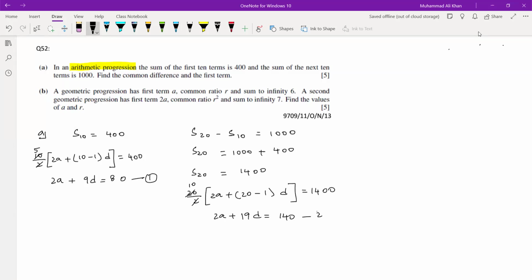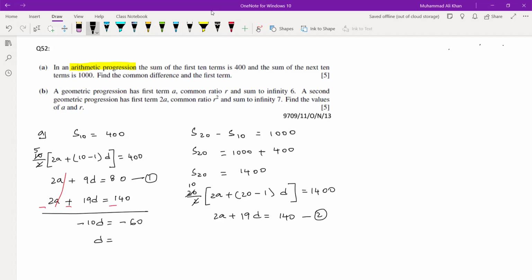Equation 2. दोनों इक्वेशन को साइमल्टेनियसली सॉल्व कर रहे हैं. मैं सेकेंड इक्वेशन को इसके नीचे लिख रहा हूं बच्चों. 2a plus 19d equals 140, and I am subtracting both equations. Subtract करने का मतलब क्या है? नीचे इक्वेशन के साइन चेंज. 2a cancels out. This will be 10d equals 140 minus 80, which is 60.